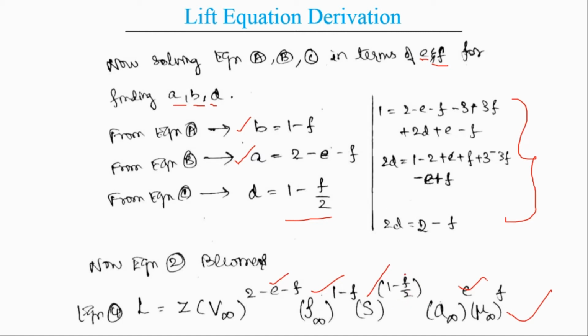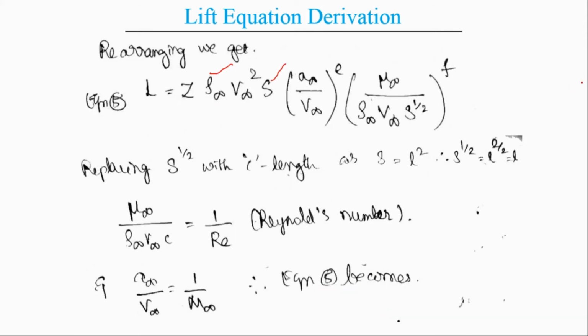When we collect the common f terms, this will be associated with some square root. We will obtain the equation phi. Here S square is nothing but the length of it.